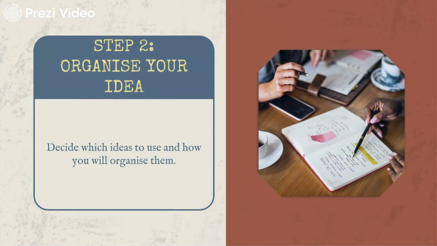Okay, so I don't want to waste this time. Let's talk about the second step, which is organize your ideas. For organize your ideas, you are going to decide which ideas to use and how you will organize them. Once you have chosen your topic and generated your ideas, the next step is to decide which ideas to use and how you will organize them.